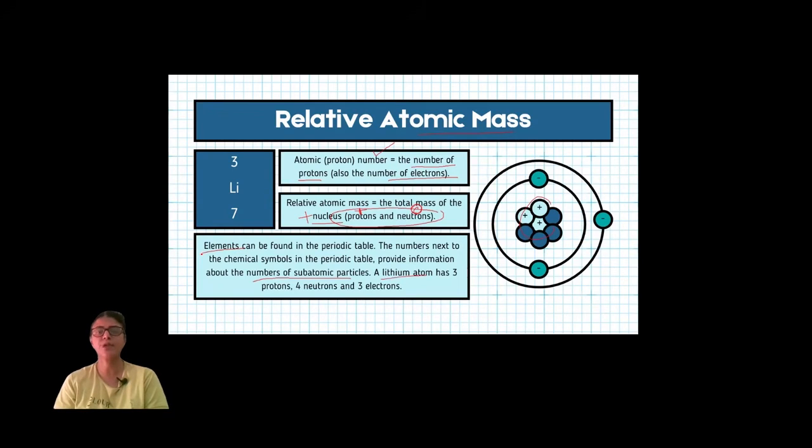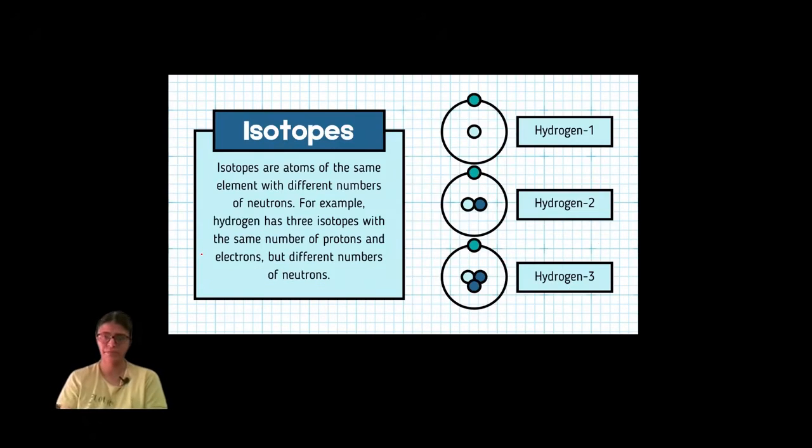Lithium has 3 protons, 4 neutrons and 3 electrons. Okay, how is it possible? For this purpose, you need to use the atomic number. If you know the atomic number, then it will be easy for you to find the number of protons, number of neutrons, and number of electrons.